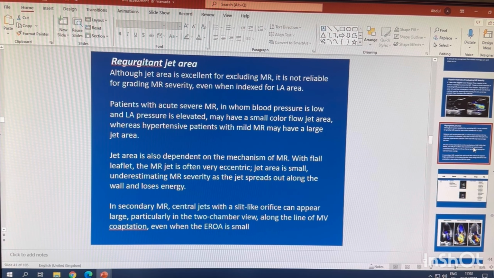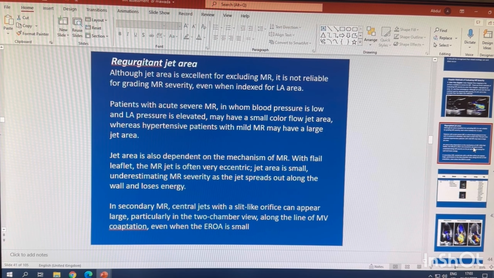So if you calculate the jet area, it's going to be small, but actually the regurgitation is way more than that. So you will have severe mitral regurgitation with a smaller jet area. In secondary mitral regurgitation, especially if you go into the two-chamber view, you will see a broader jet area, but the ERO is going to be small in those patients. So it's tough. You need to look at the other parameters as well to quantify mitral regurgitation in those patients.